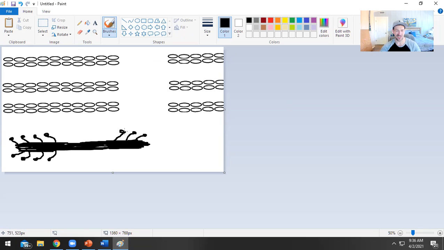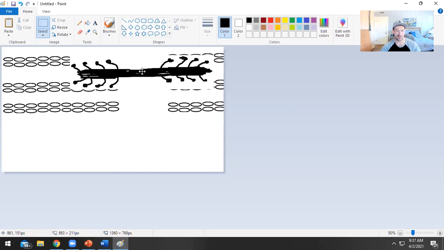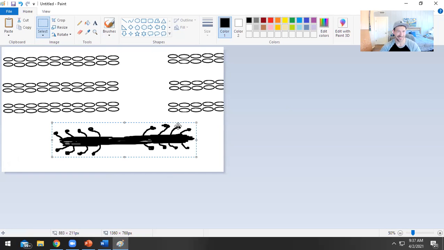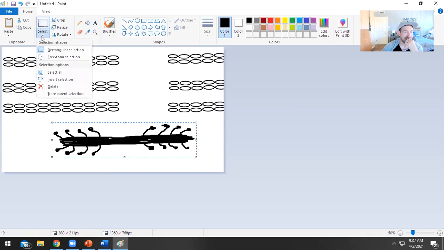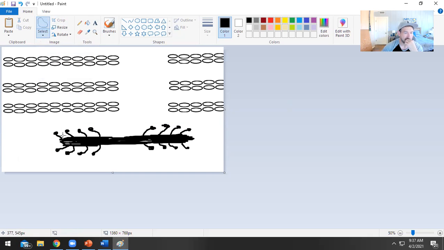So there's all of our myosin strands here, right? So there's myosins, all these little heads. All right, now I gotta move this thing in between right here. Can I do this actually? Freeform.